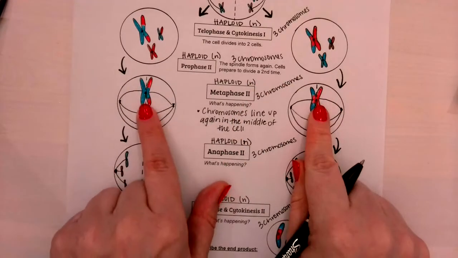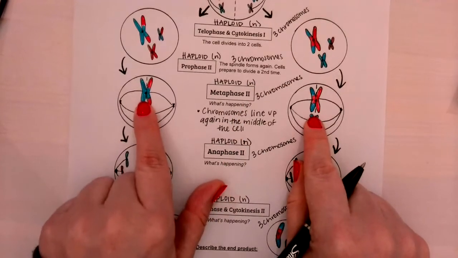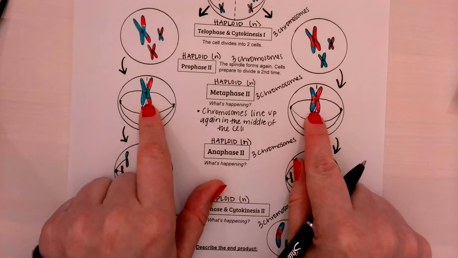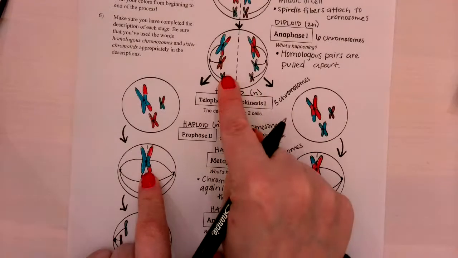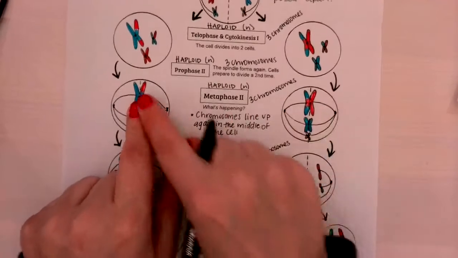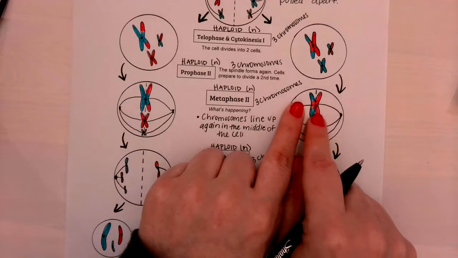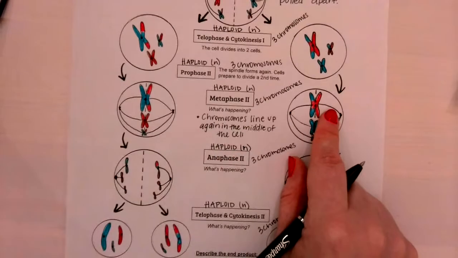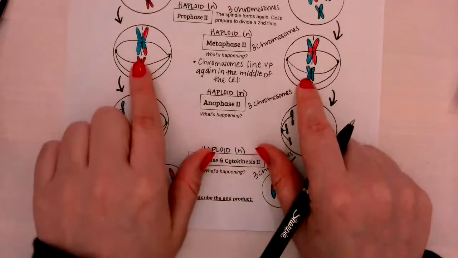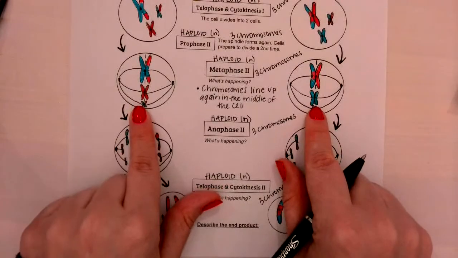Okay, remember these 2 big chromosomes used to be homologous pairs. We pulled them apart in anaphase 1. So this one is in this cell, and this homologous chromosome is now in this cell. We separated them. All right, metaphase 2, chromosomes are lined up in the middle.